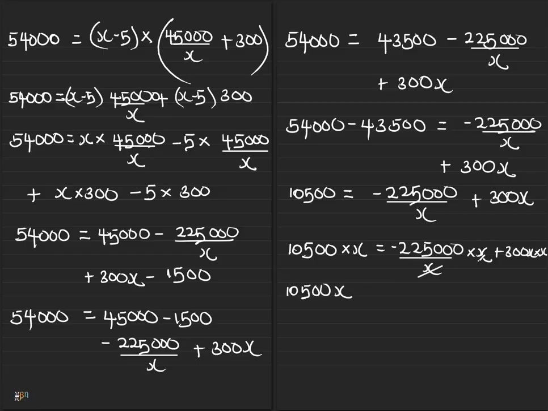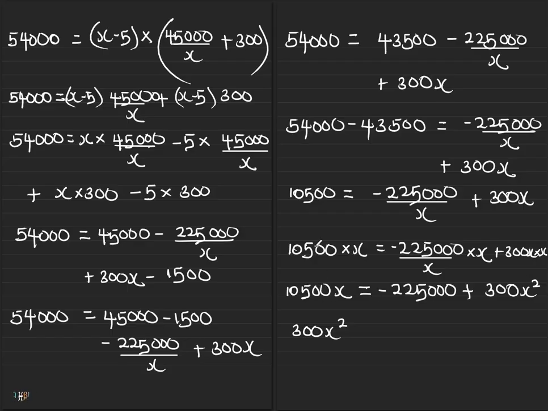Then this x here cancels out this x, so we'll be left with a negative 225,000 and then plus the 300x times x, which gives us a 300x squared. If you are to rearrange what we have here, we would get a 300x squared. That is keeping it here.